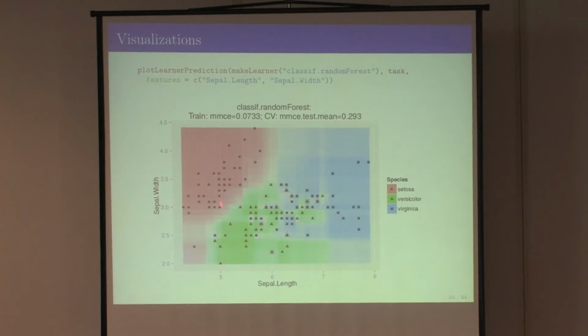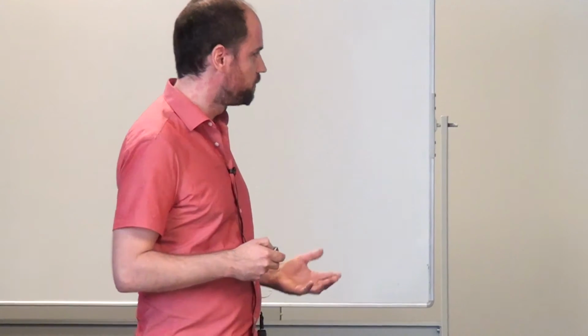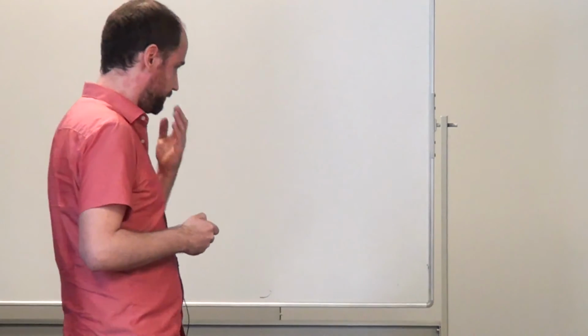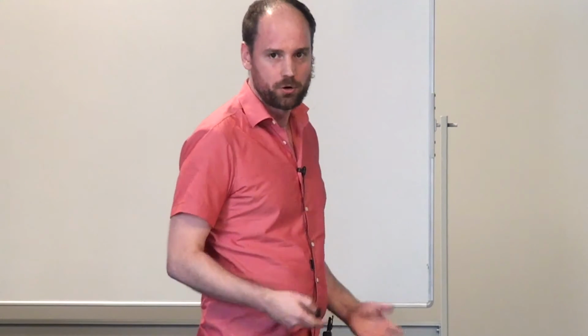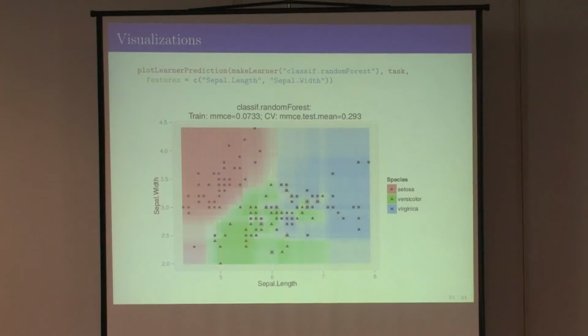You can see their classes visualized by these dots and triangles and squares, whether there were mistakes made by the model, and the color encodes the posterior probability distribution of the random forest. Can do this for clustering or regression as well. So this is just nice for working with beginners, but I sometimes still learn something new if I look at this.